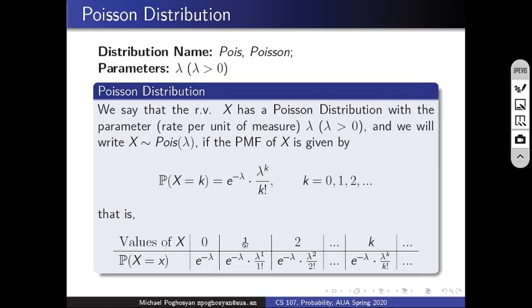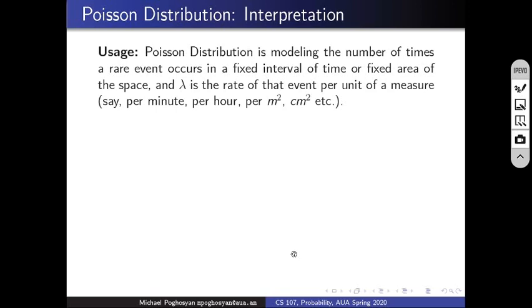The probability that x will be 1 is e to the minus lambda times lambda to 1 over 1 factorial, etc. The probability that x will take the value k is e to the minus lambda times lambda to the k over k factorial, etc. And it is an easy exercise that the sum of all these probabilities will give 1 when k is running from 0 to plus infinity. Just try to solve that problem. Let's get that identity.